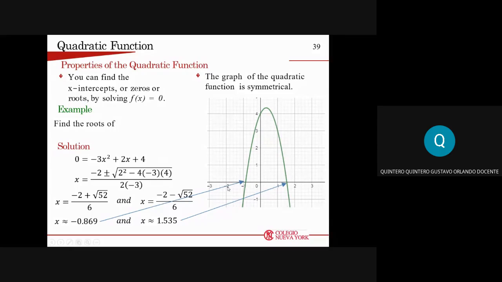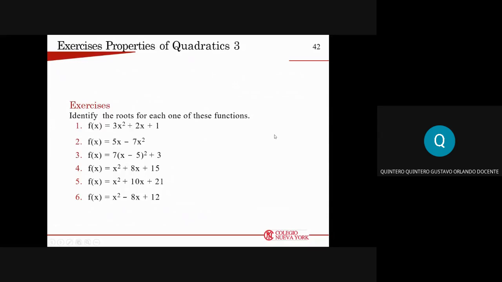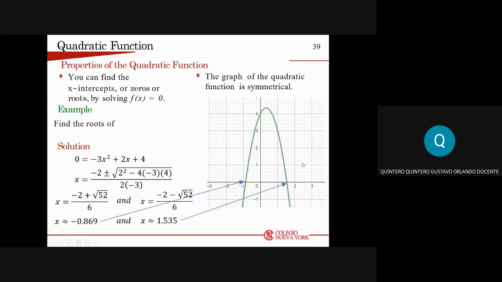All right, guys? Beautiful. Now, the other property that I forgot to tell you is that the graph of the quadratic function is symmetrical. What that means is that we have a beautiful presentation of a U, or a beautiful presentation of an n. We cannot have something horribly drawn, right?